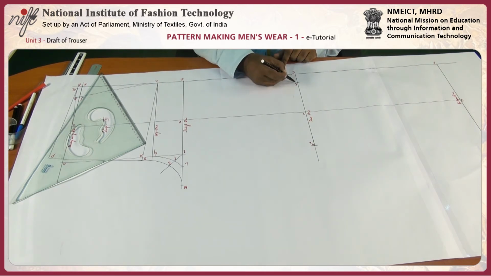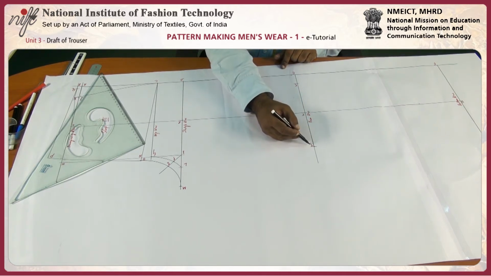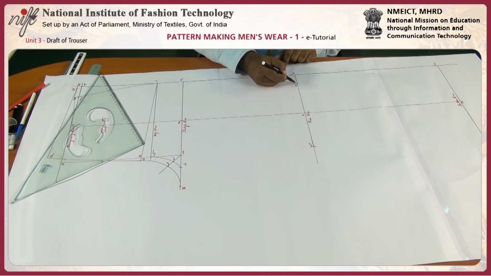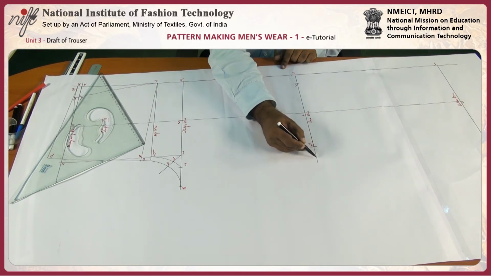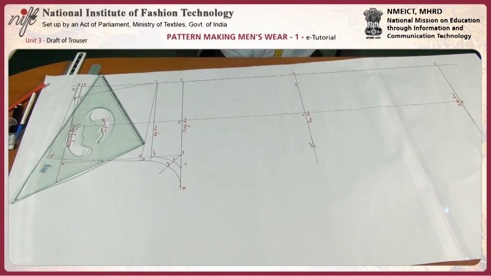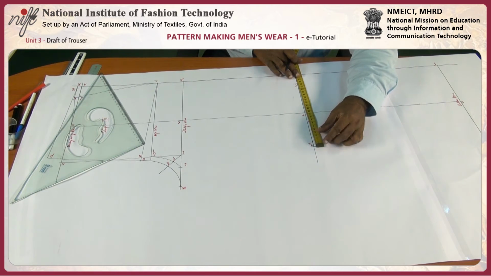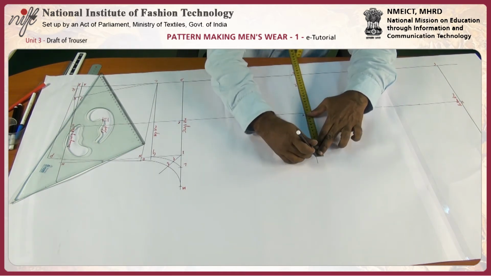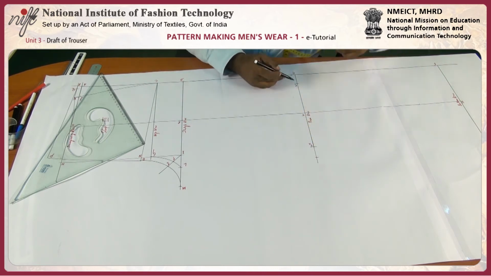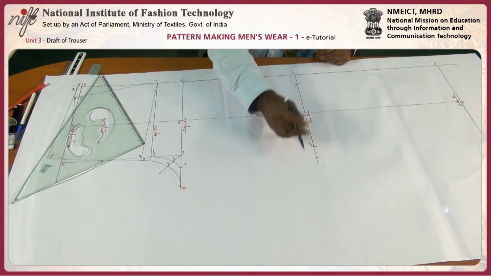Now, in this case T1 to T2 we reduced 1.5 centimeter. In T1 to T3 we increase 1.5 centimeter, that is to compensate the circumference measurement. So here 24.5 centimeter from T1 to T3.